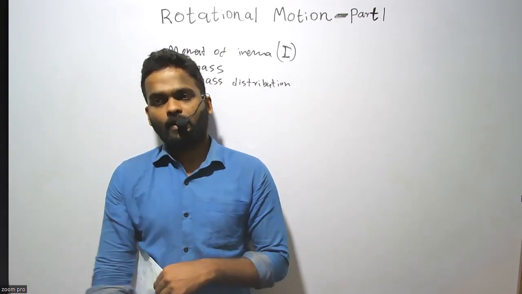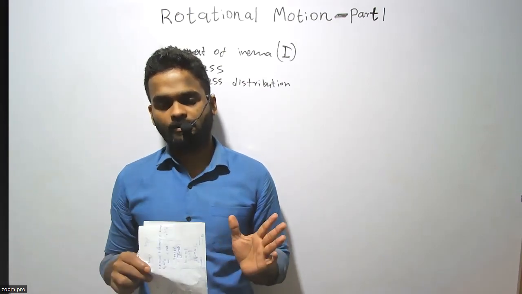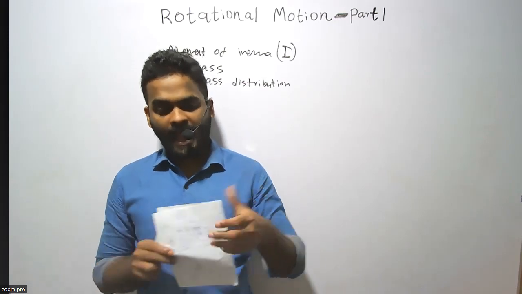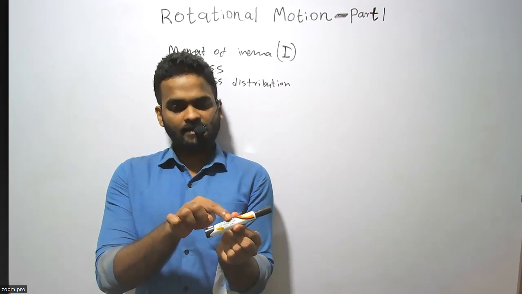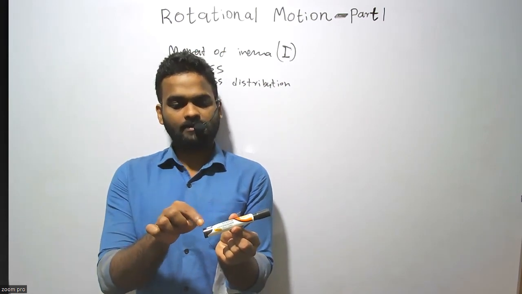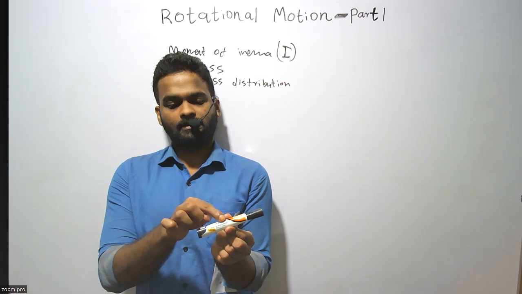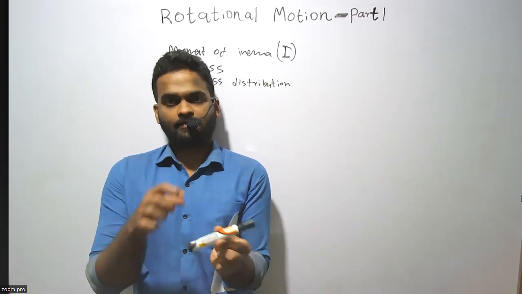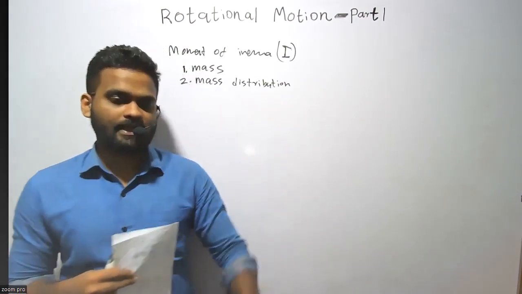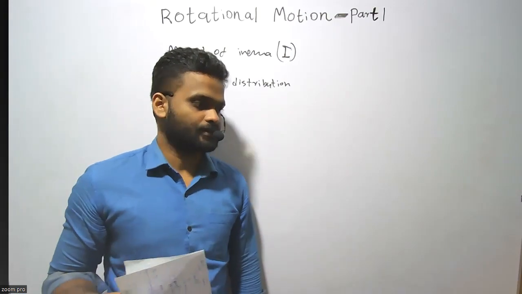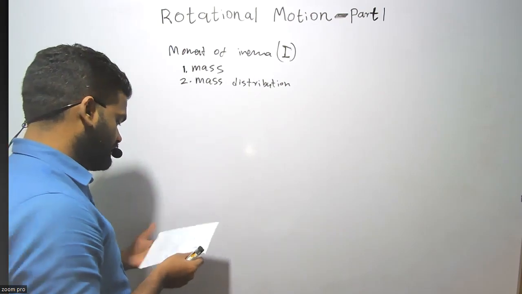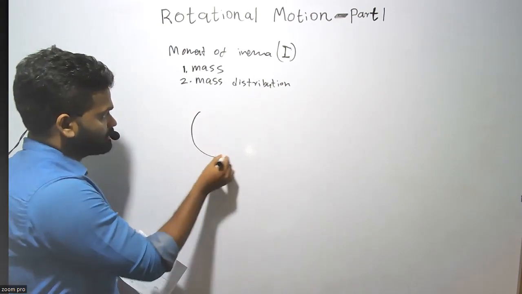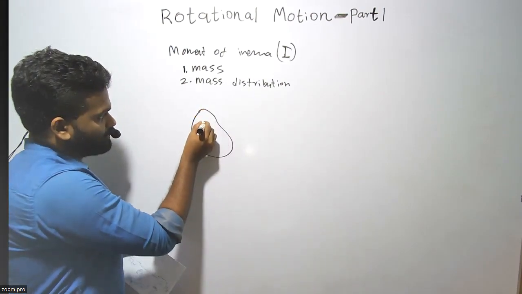So we now understand rotational motion depends on mass and the distance to each particle, each mass part on the object from the rotational axis. Okay, so we have this equation to find the moment of inertia. Let's say you have this object and the rotational axis.